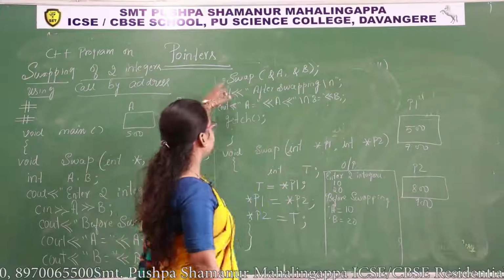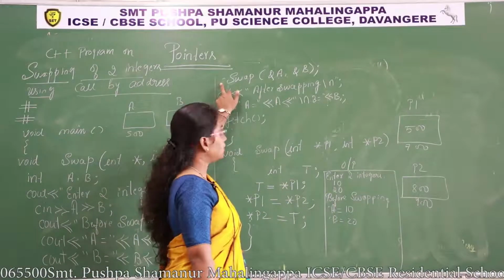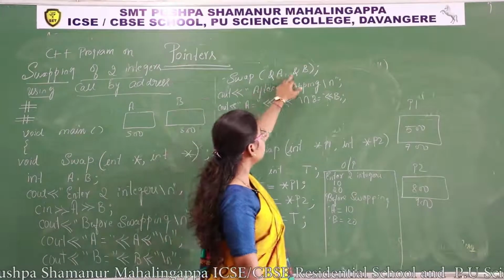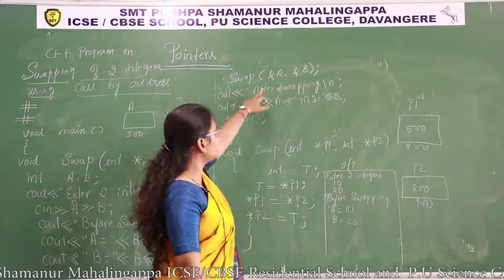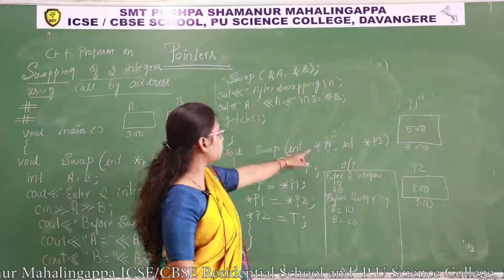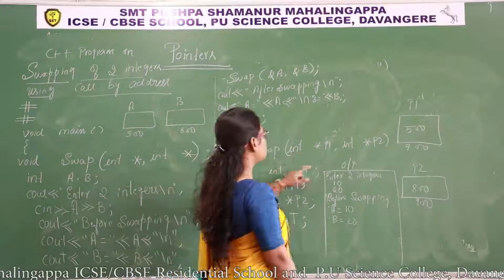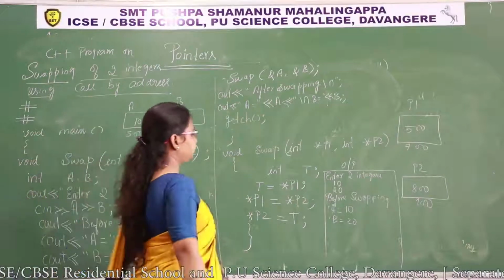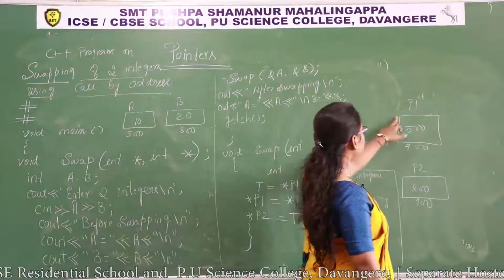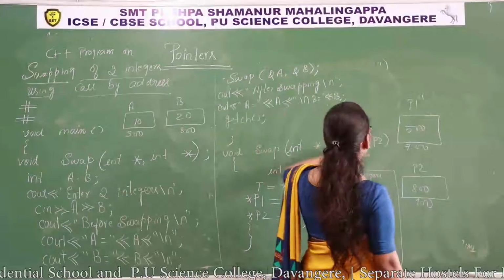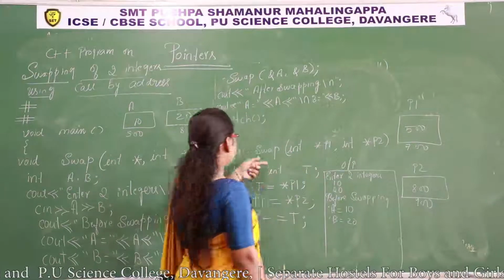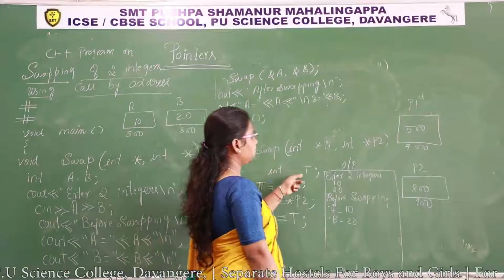After that, the function call is there, the swap function. So control moves to this function by taking the address of these two arguments. What is the address of a? That address will be stored in p1. Okay, right now what is there? So a is 10 and b is 20. Now p1 contains the address of a and p2 contains the address of b. Now according to this code, temp t, no?